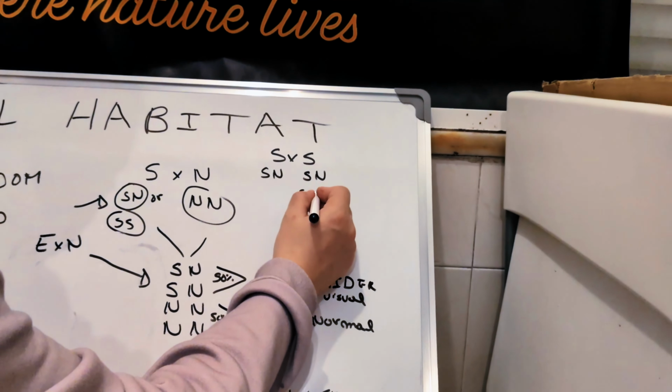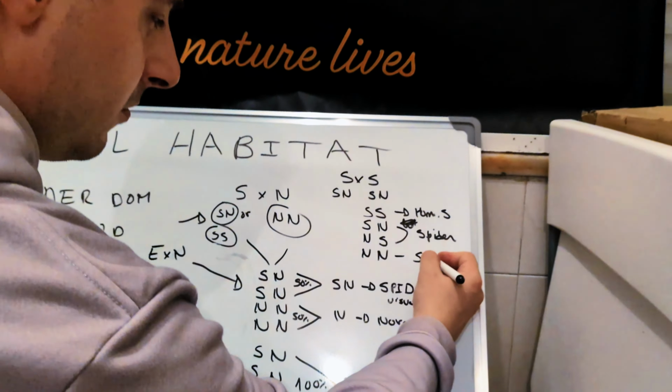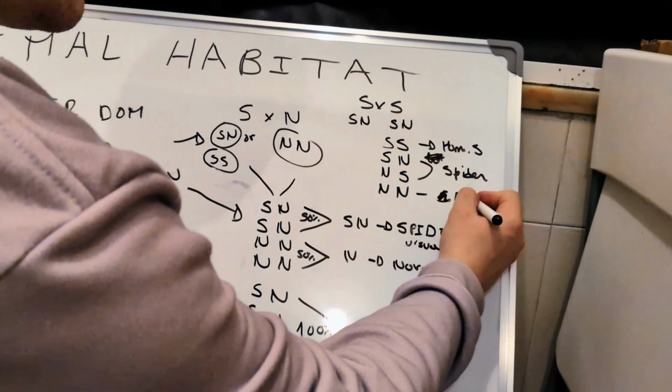So here I would have a homozygous spider, it should be het spider, but we only use the het when it's not visual, so we'll cross that, and a normal. A normal, sorry.